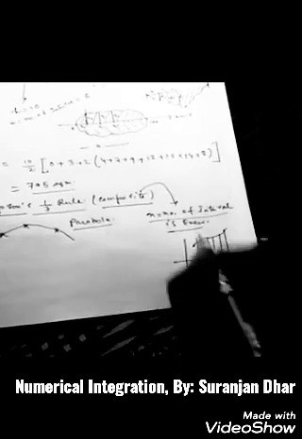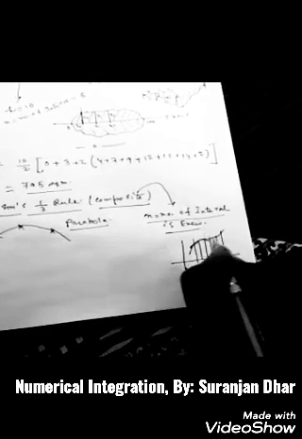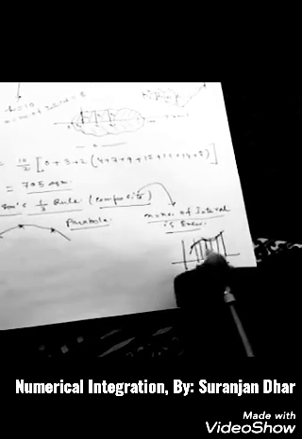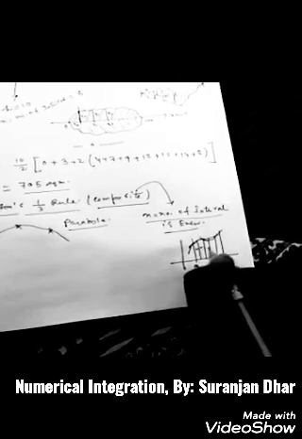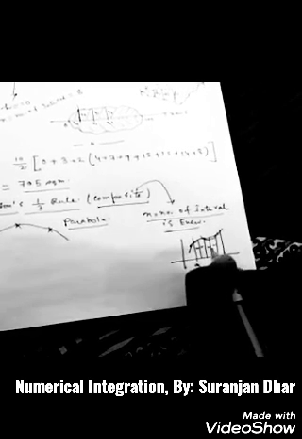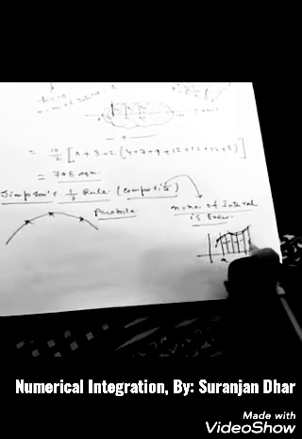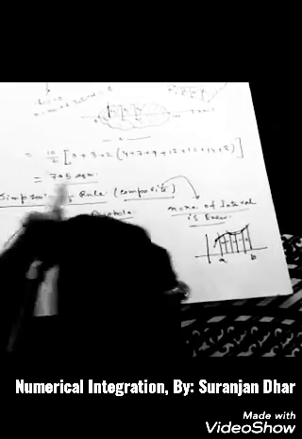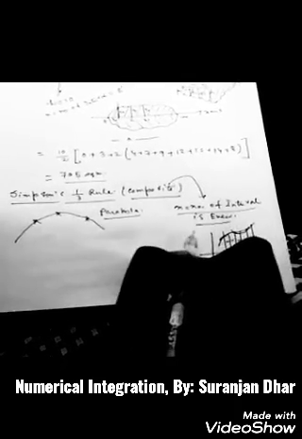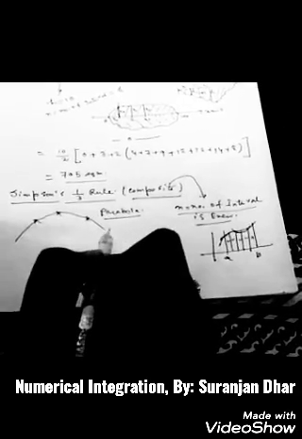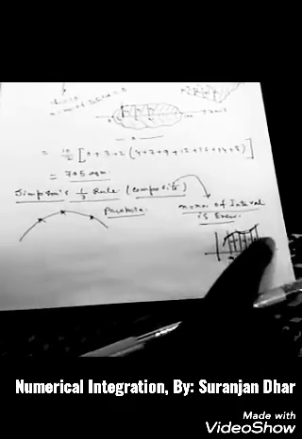So with 3 points we draw a parabola, and with the next 3 points we draw another parabola. For drawing a parabola we require 3 points but 2 intervals, so the number of intervals should be even. Remember, in Simpson's one-third rule the main concept is that the number of intervals is even and the points are joined by parabola, and it is more correct than the trapezoidal rule, as in the trapezoidal rule they are joined by straight lines.